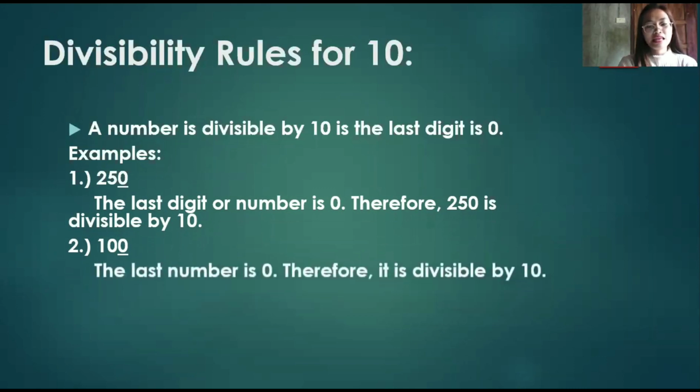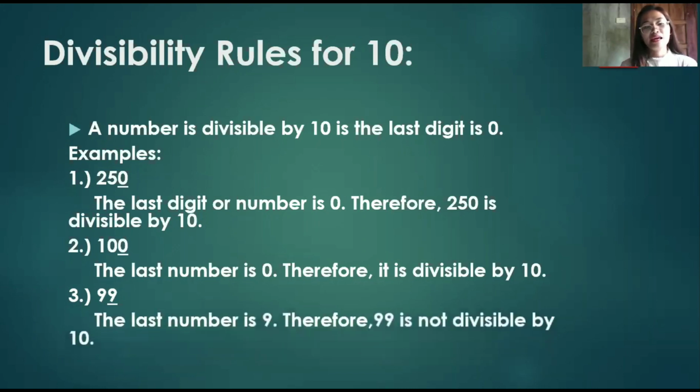Therefore, it is divisible by 10. Next, the third example is 99. For 99, we see that the last digit is 9, so it does not fit our rule, which is that a number should end with 0. Therefore, 99 is not divisible by 10.